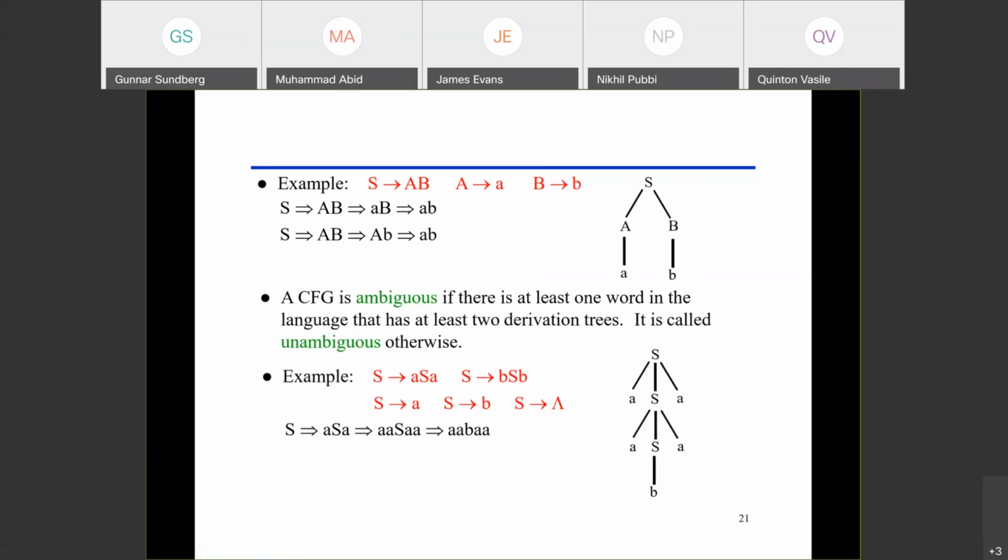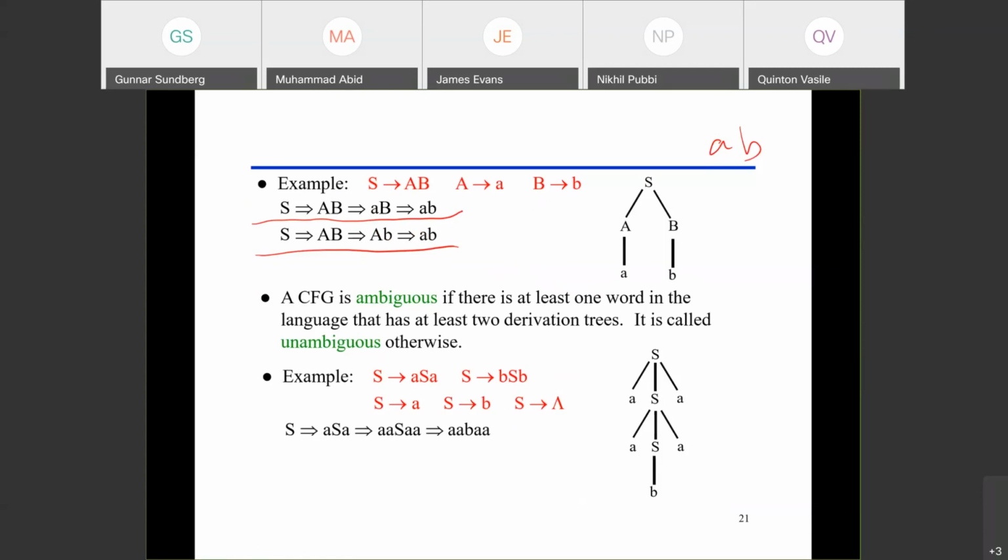Let's say I want to generate the word a b. In case I want to generate the word a b, I can generate it this way, or I can generate it this way. Both are right, and I am able to generate a tree by these two derivation methods. You can first replace A and then B, or you can first replace B and then replace the A non-terminal.